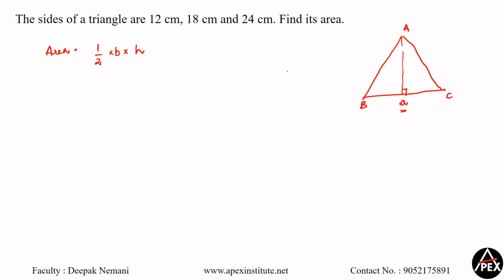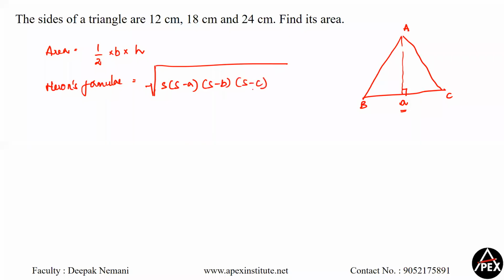Yes, we have one important formula which is known as Heron's formula. I bet many of you know that. That is under root S into S minus A into S minus B into S minus C. Perfect. So this is Heron's formula.